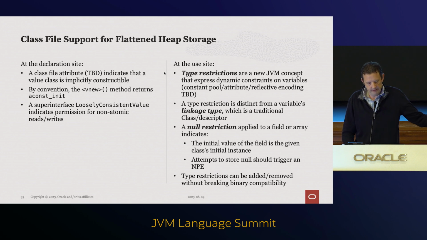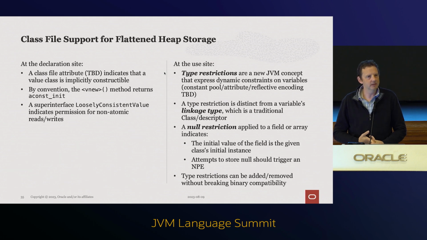We also have the super interface I mentioned for non-atomic reads and writes. At the use site, it's an interesting problem of how do we capture the idea of null-free storage. And one thing that we're thinking about is we're entering a phase in the life of the JVM where we're going to add these, and when we get to generics, we're going to add some new type-like things as well.